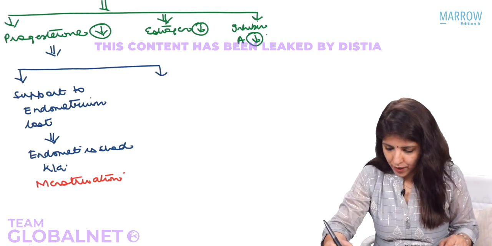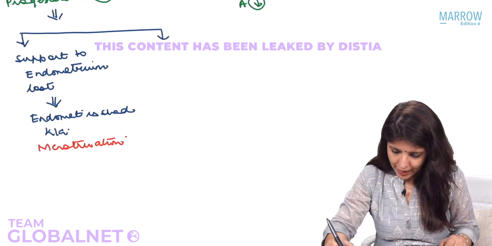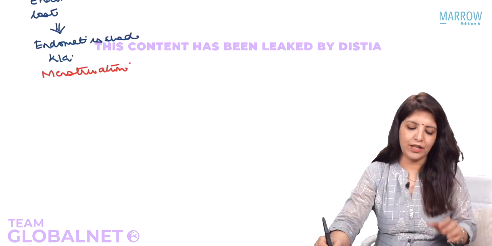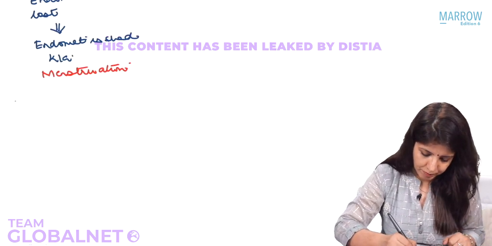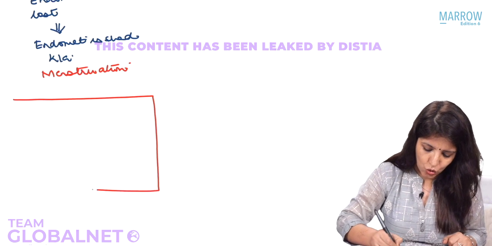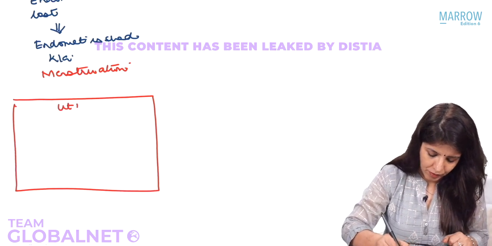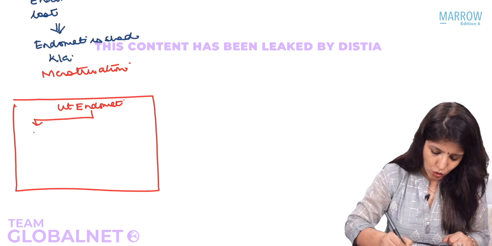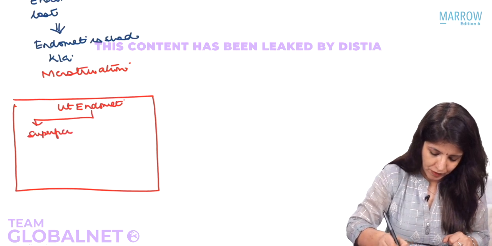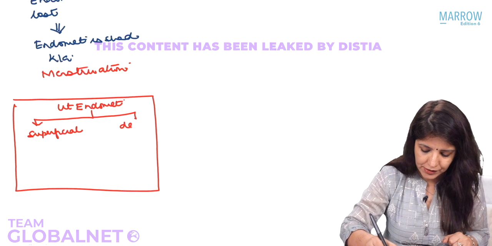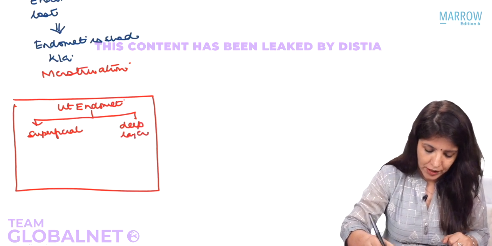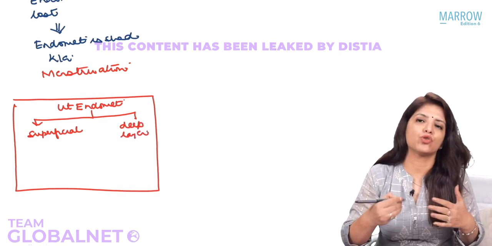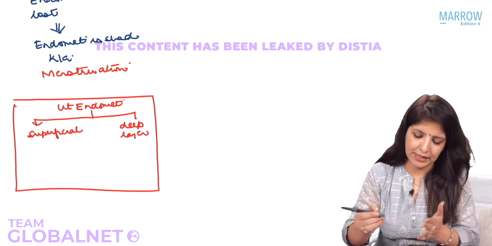Now, when you will do anatomy with me, there I'll tell you that the uterine endometrium has two important layers. One is the superficial layer and the other is the deep layer. The deep layer is called the zona basalis or the stratum basalis.